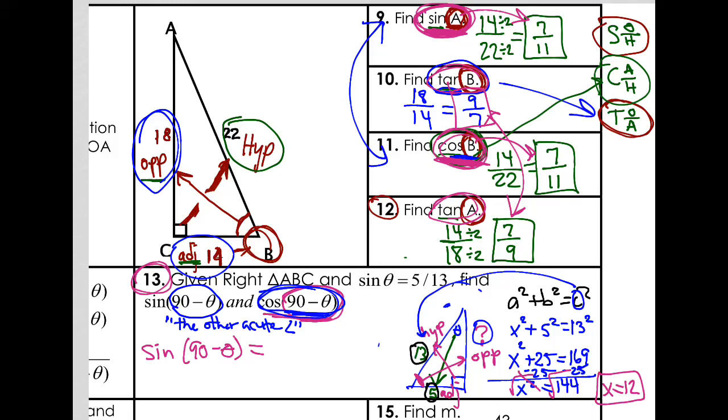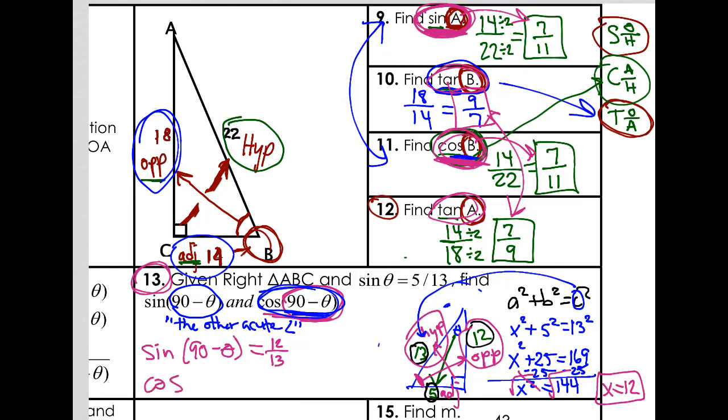And so now I know the side length for the opposite. Now I can erase this, because I know it now. The side length is going to equal 12. So now I can go ahead, and I'm going to circle that one just since the other ones are circled. But now I can find the sine of that other angle. So the sine is opposite, which is our 12, over the hypotenuse, which is our 13: 12 over 13.